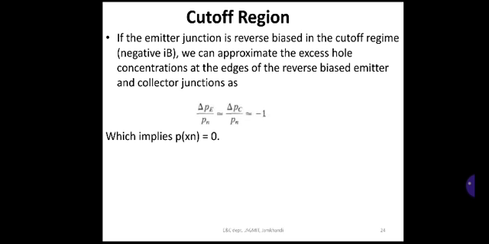This implies P of Xn equals 0. Here Pn is the equilibrium concentration of holes in the N type material, in centimeter to the power minus 3. So the excess hole distribution in the base is approximately constant at -Pn, with some slope at each edge to account for the reverse saturation current in the junctions.